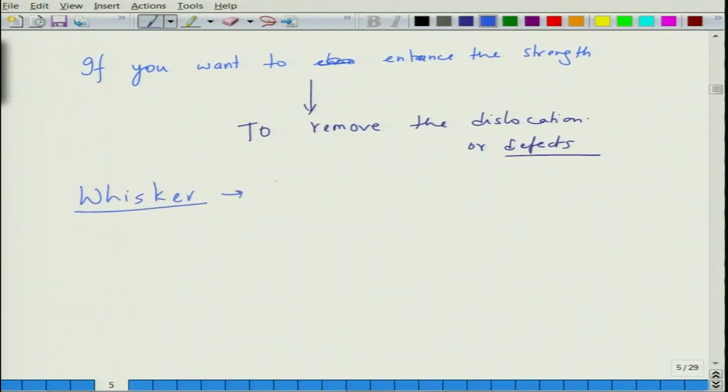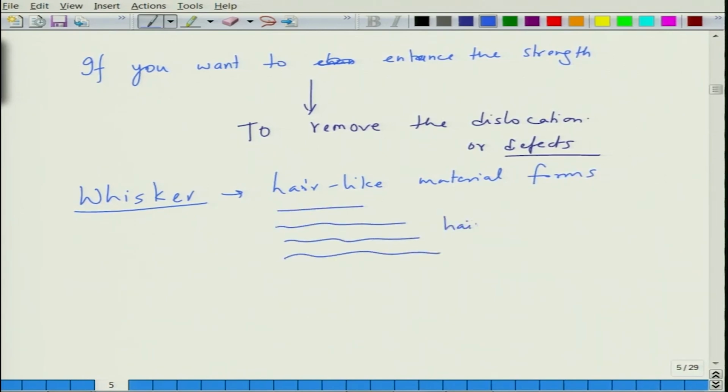Whiskers are basically hair-like material forms, very thin, just like hair follicles, and these are extremely thin, of the order of a micron or lower, a few microns at most.